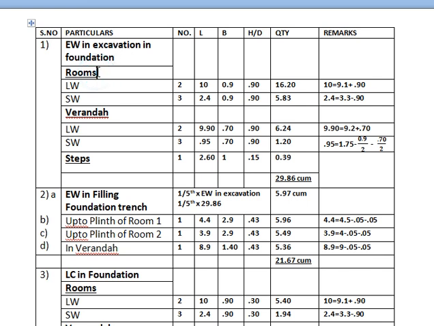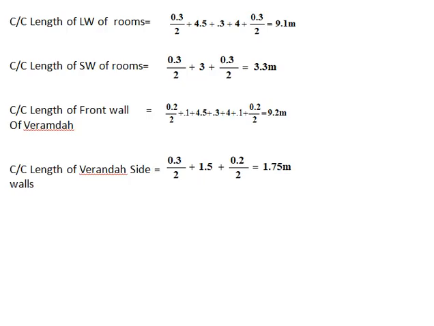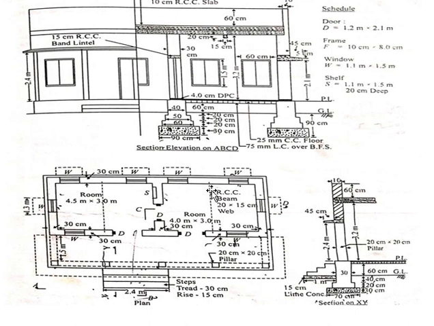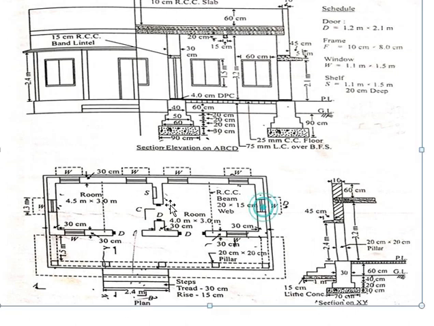First of all, we will calculate it for rooms, then for the veranda, and then finally for the steps. Now, this is a similar procedure for rooms as we have done in the last question. We have two long walls and three short walls. As you can see in your diagram, these are the two long walls and we have the three short walls.